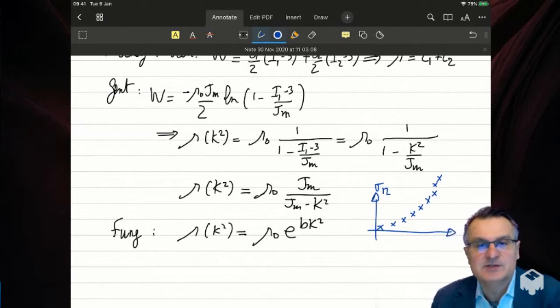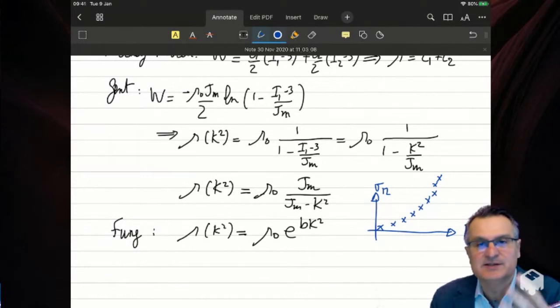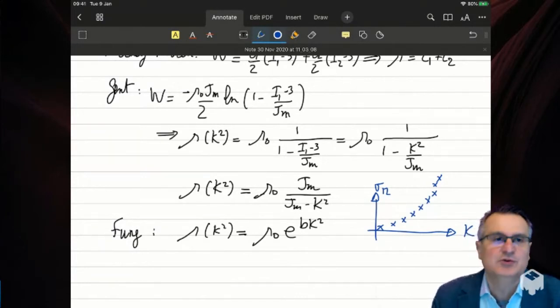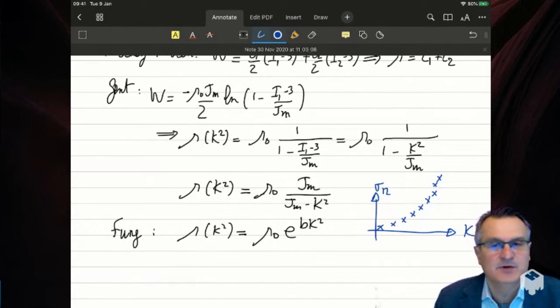If it increases in an exponential manner, you want to take the Fung form. If it increases and seems to go towards an asymptote, you want to use the Gent material, and so on and so forth.